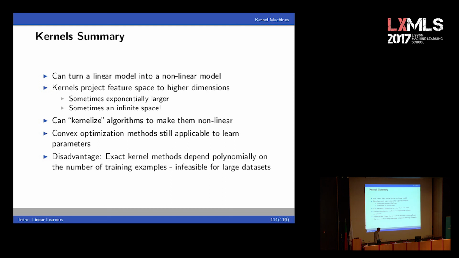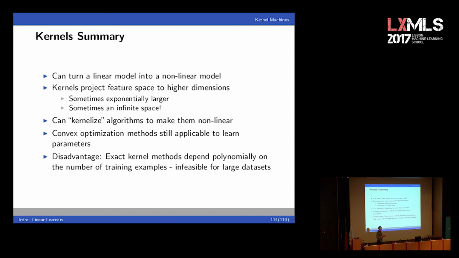But the disadvantage is that kernels depend polynomially on the number of training examples, right? So there are certain ways, also quick and dirty ways to get rid of this problem. For example, you could imagine that you sample training examples and you compute the kernel only on randomly selected training examples, which is one way of doing it.